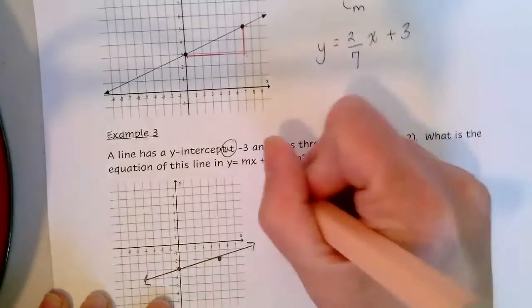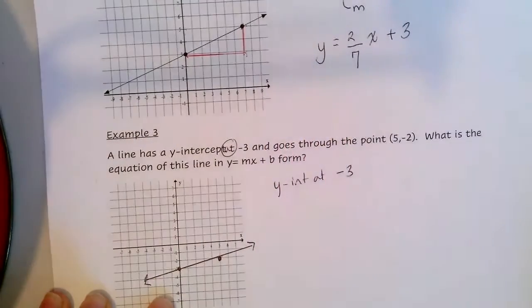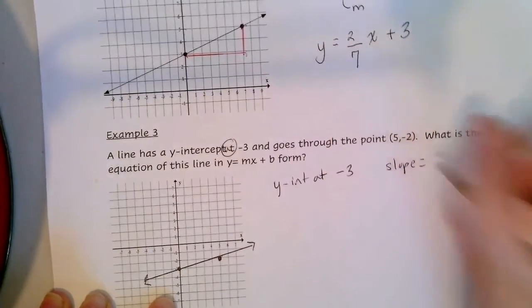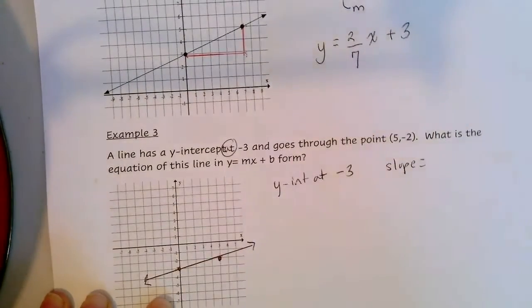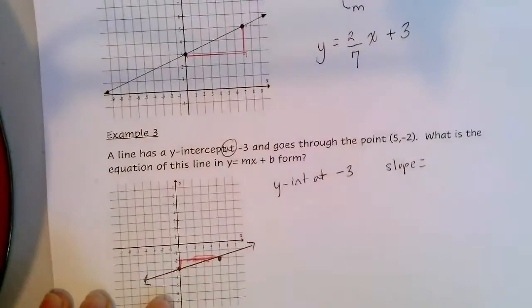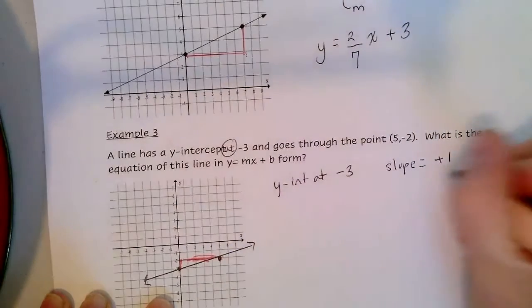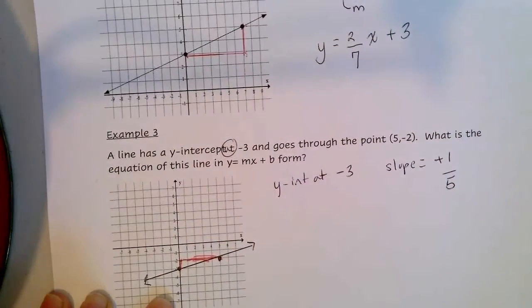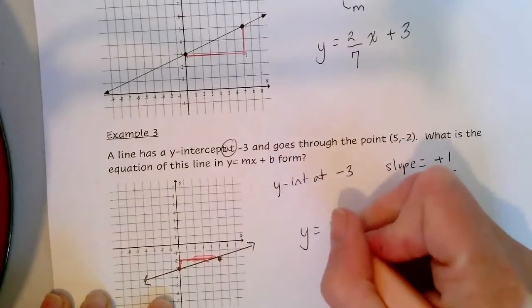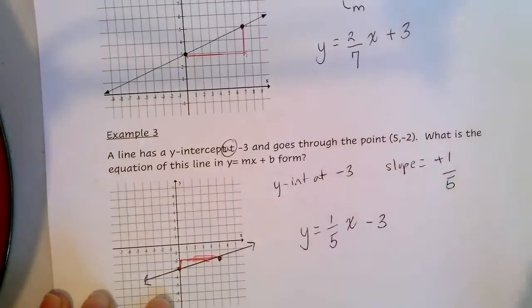We can see that the y-intercept is at -3, and to find the slope, to go from this point to this point, you draw in your right triangle, and you went up 1 and forward 5. So your slope is 1/5. And now we have a slope of 1/5 times x minus 3.